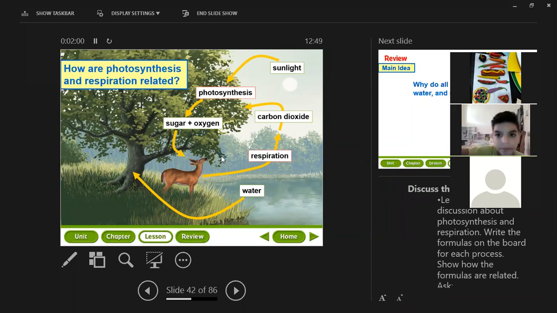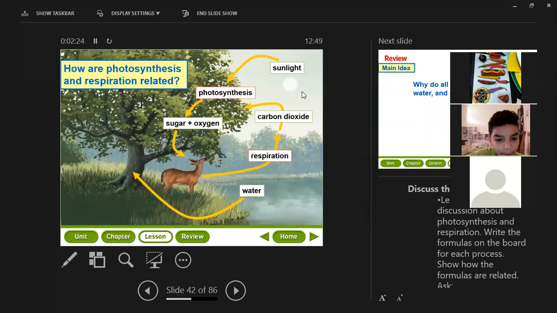Now, what does the plant need to perform photosynthesis? Carbon dioxide, water, and sunlight. Yes. The sun is the most important source of energy.